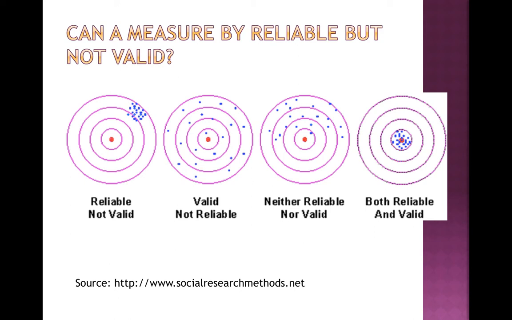So it is a valid measure in that it is trying to measure what you're trying to measure, but it's not reliable in that it doesn't give you the same results. This one is neither, giving you a spread around the dot, and it's not measuring in a clump, so it's not reliable or valid. This target is both reliable, in that all the measures are within a certain point, and valid, in that it's measuring right around the point.